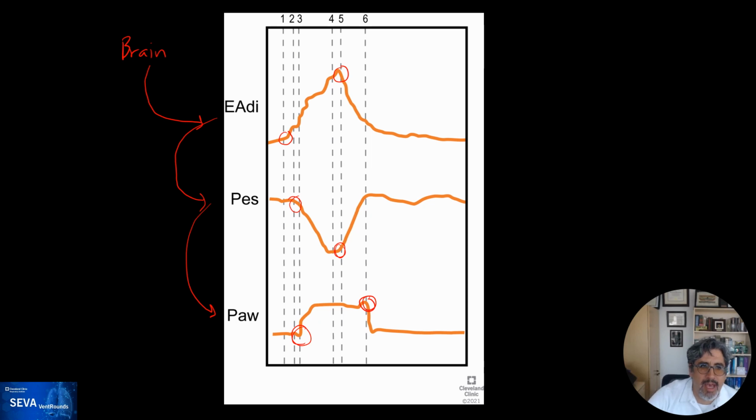And if you had the ability to measure the difference between these numbers, you have those dashed lines and the numbers on top, you can see the difference between the electrical activity of the diaphragm start and all the way to the difference when it actually starts on the ventilator. So the difference between 1 and 3 is the lag from the electrical activity that starts.